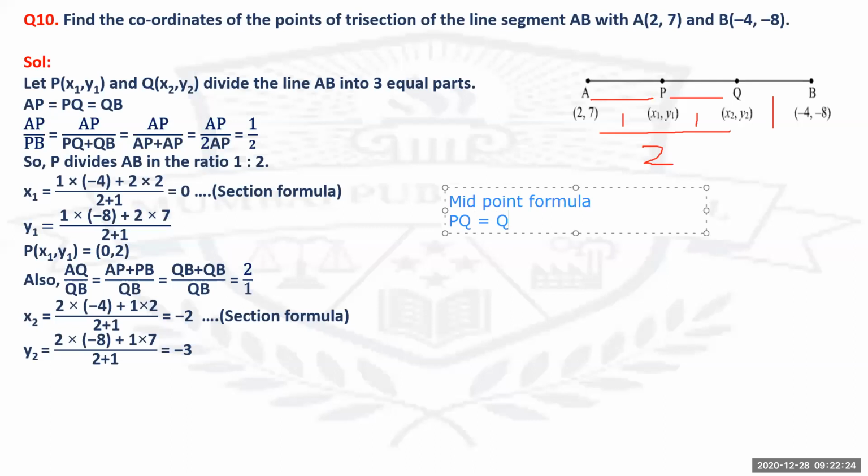You can apply the midpoint formula because PQ equals QB, and the coordinates of P we have got in the first part, that is 0, 2. So for the coordinates of Q, x equals, now check, x1 for P is 0, so that is 0 plus -4.